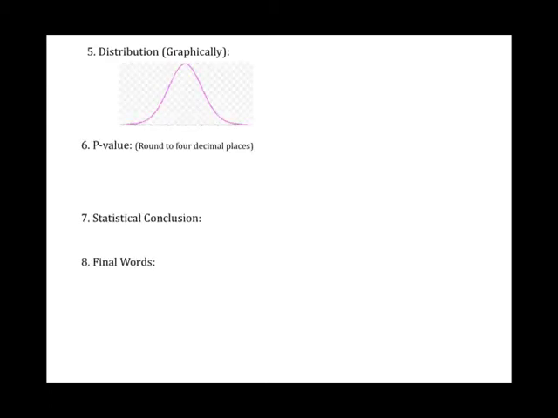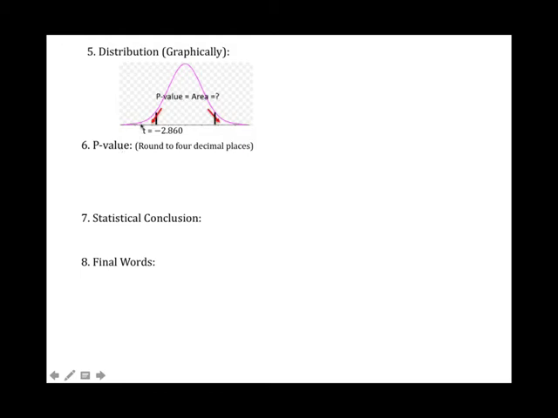Distribution, we are using the t distribution, so we will have the normal distribution. And we have not equal to on your alternate hypothesis, so that will be 2 tails. And then the test statistic is a negative, so I'm gonna put it on my left-hand side in here. And we want to use the p-value method.